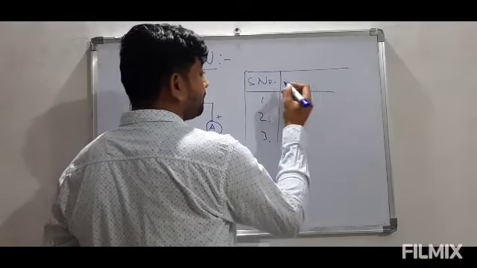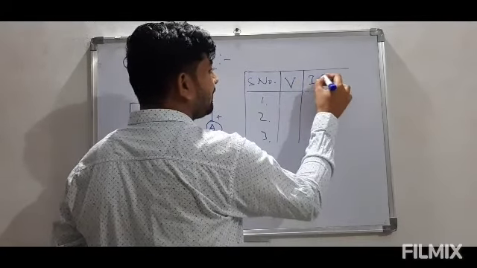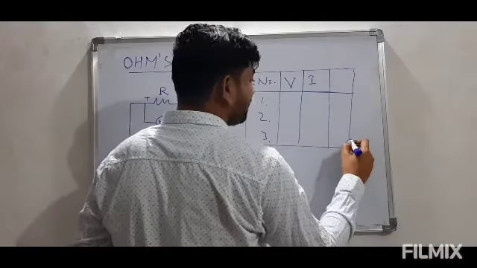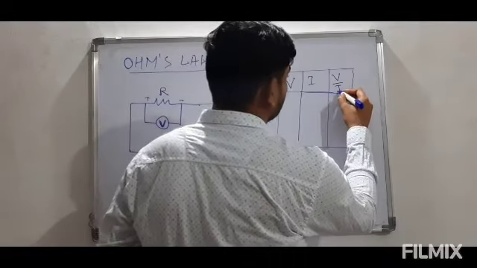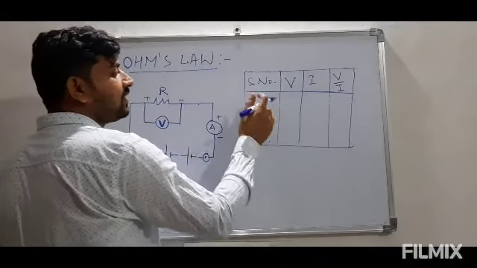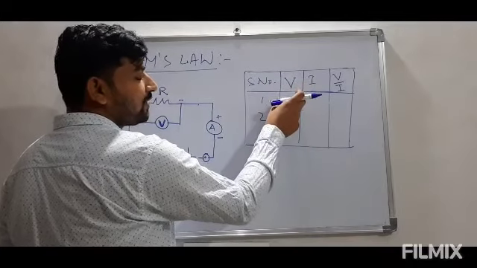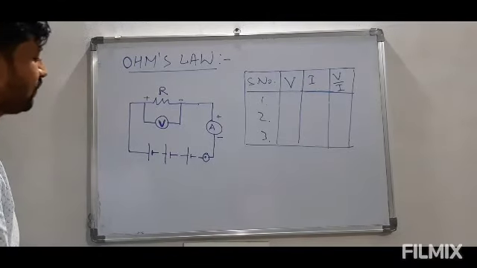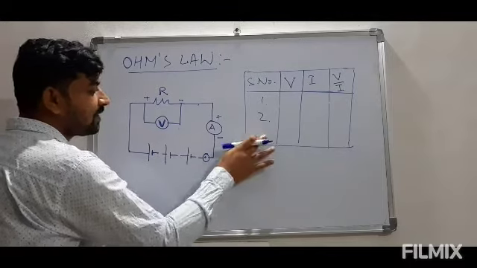Then we take potential difference, we take current, and then I will explain one very important thing, that is V upon I. It means we will divide whatever values of V and I we get in the first step. Now there is no such experiment I am performing here, but I am just giving some idea of how we perform this.